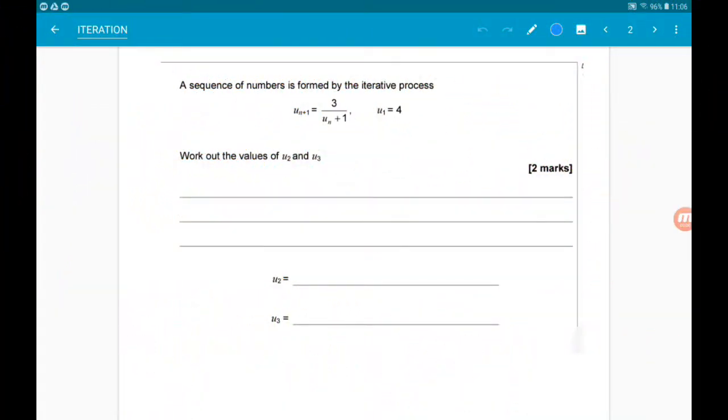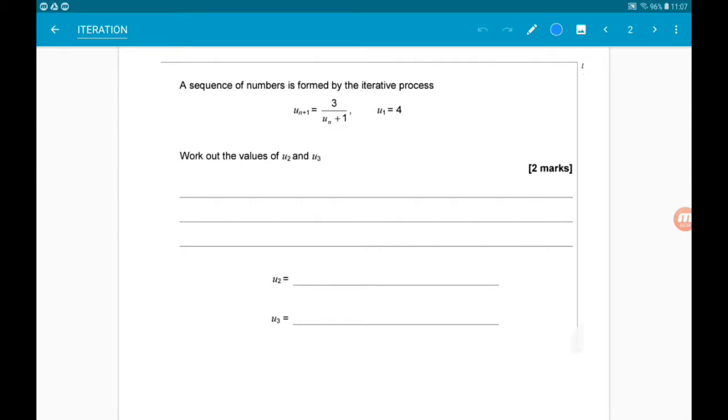And first up, so we are just generating terms in a sequence, not solving an equation. So a sequence of numbers is formed by the iterative process u n add 1 is equal to 3 over un add 1.